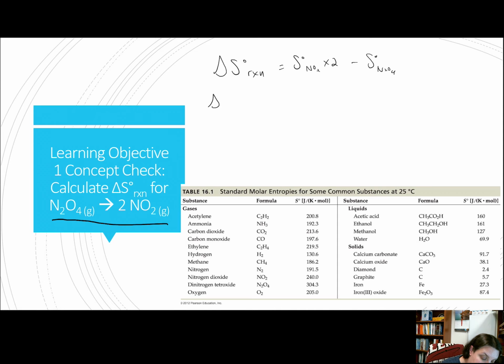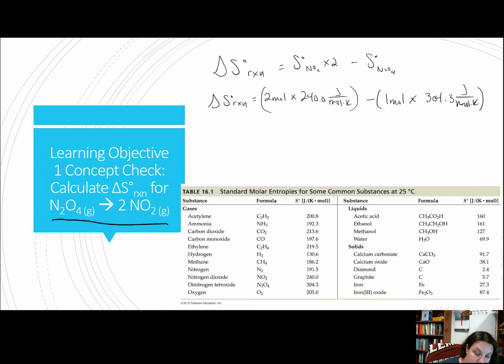Our delta S naught of our reaction is equal to 2 moles times 240.0 joules per mole Kelvin, minus 1 mole times 304.3 joules per mole Kelvin.